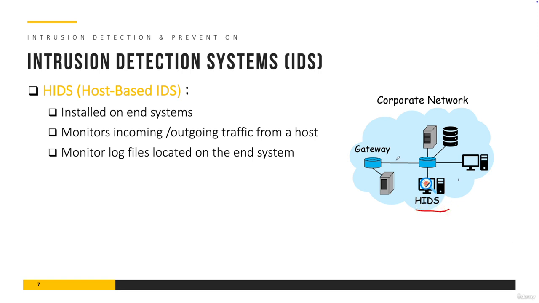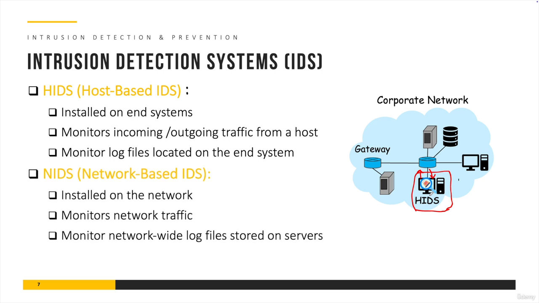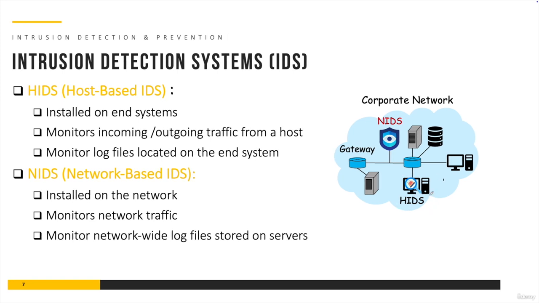They're not monitoring the complete network traffic, just the traffic for this specific host. Any traffic going into this host or originating from this host is being monitored by HIDS. In contrast, the network intrusion detection system is installed on the network itself and it monitors the network traffic. It also monitors network-wide log files stored on servers.